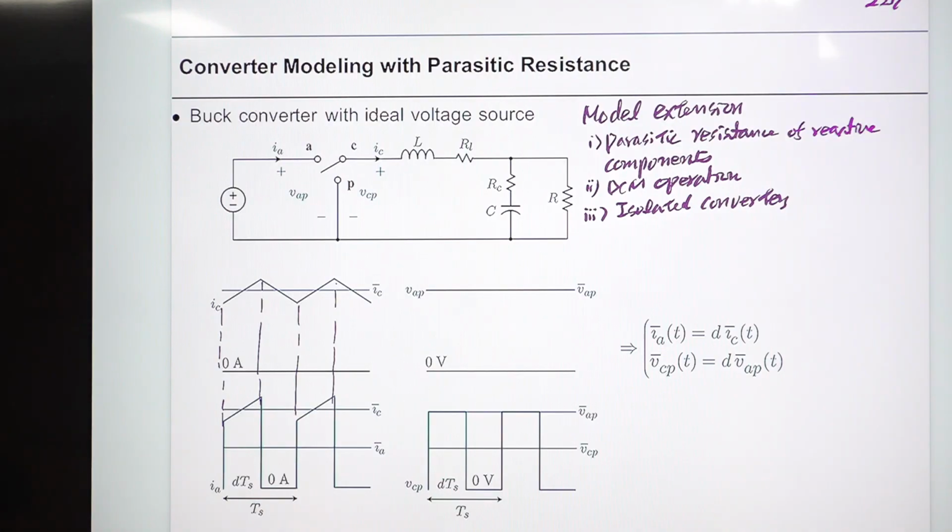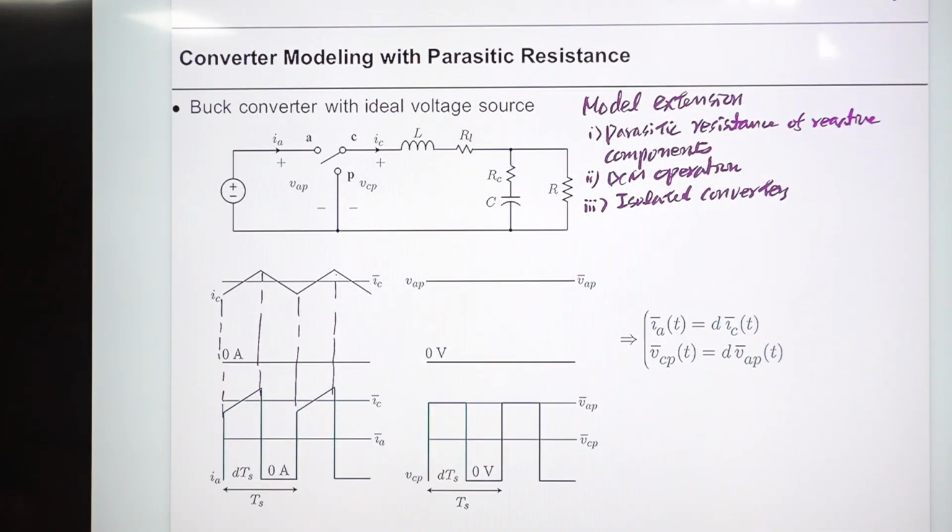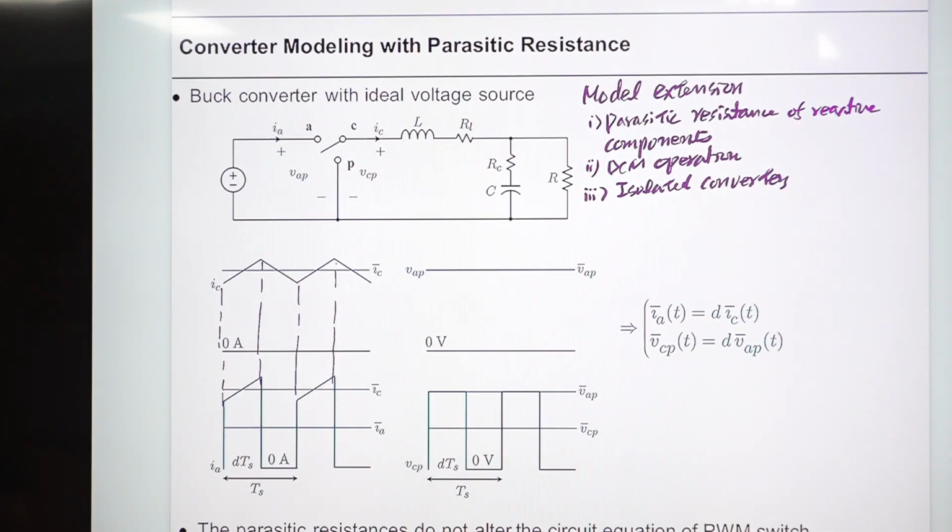Okay? So I'll go through this this Thursday, but let me introduce just this one. This one is a special case, very special case. So this is the buck converter, and this is driven by an ideal voltage source. This is impractical. In most cases, you should put some filter stage. I'll explain that later.